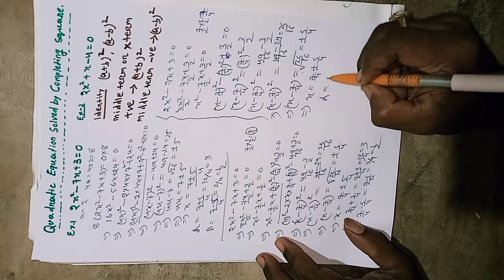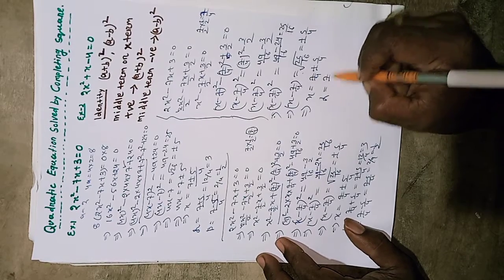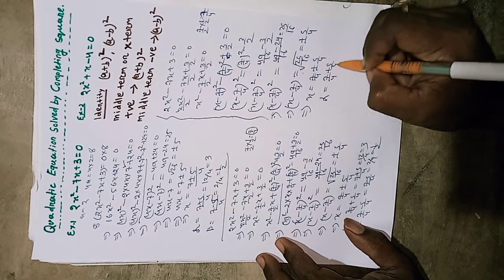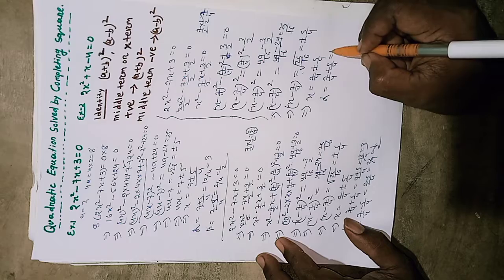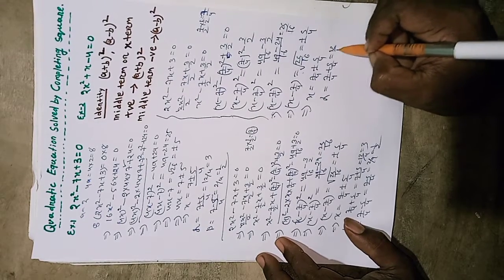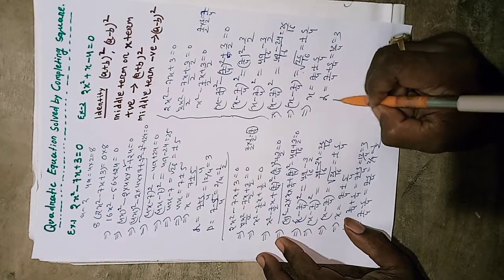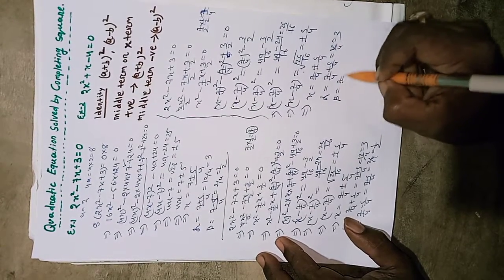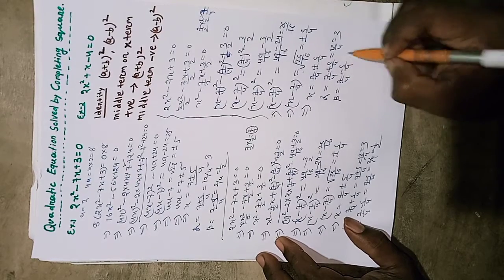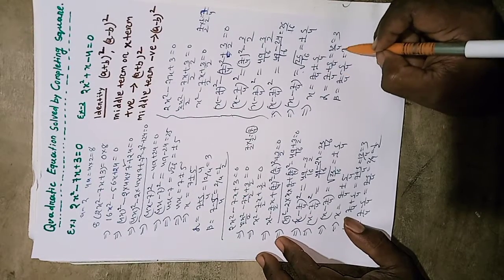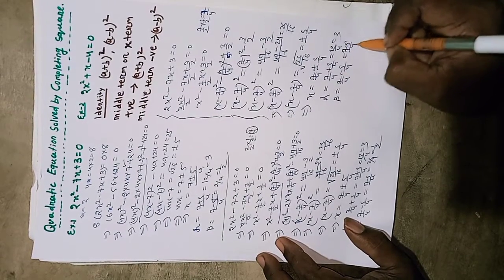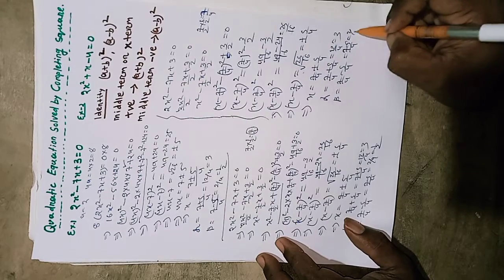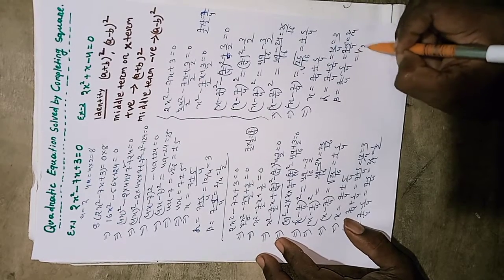First value, alpha, is equal to 7 by 4 plus 5 by 4, 7 plus 5, 12 by 4, 3. Second value, beta, equal to 7 by 4 minus 5 by 4, 7 minus 5 by 4, equal to 2 by 4, equal to 1 by 2.